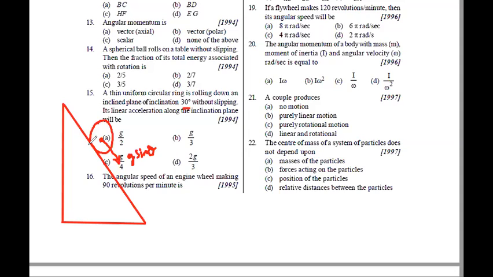So how come you got g by 3, Harsha? Because g sine theta is already g by 2, right? G sine theta is only g by 2. Think about it.